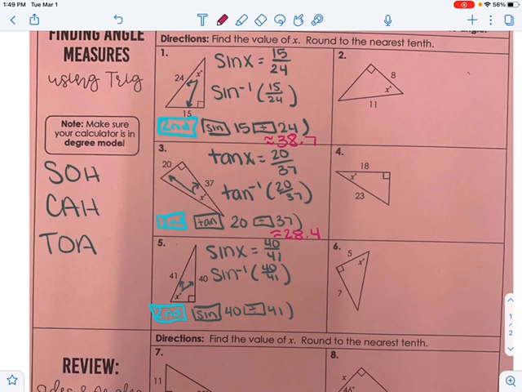And when I round, it should be 77.3. Okay. Go ahead and try 2, 4, and 6.